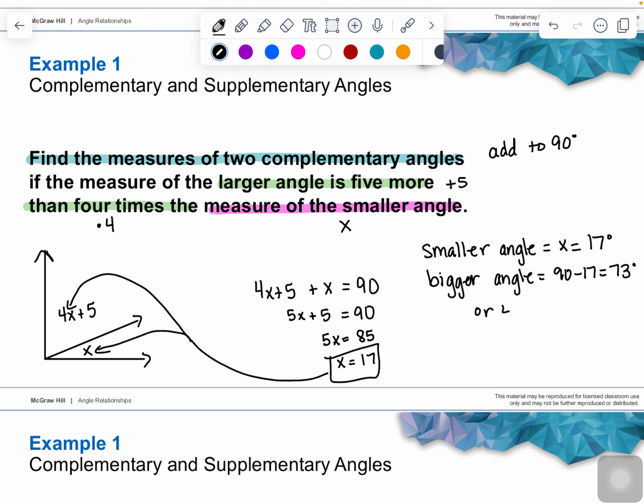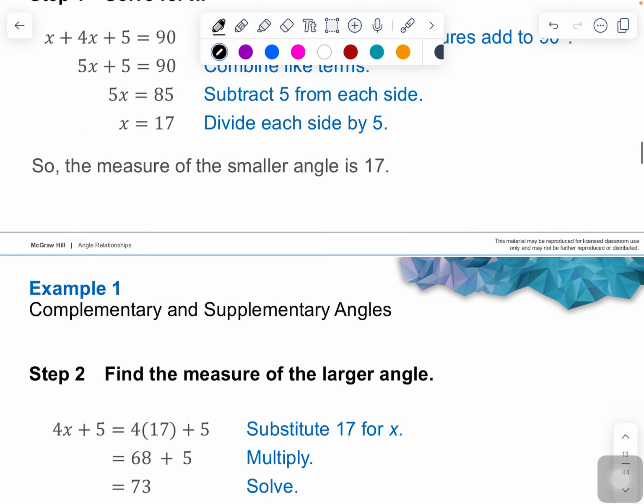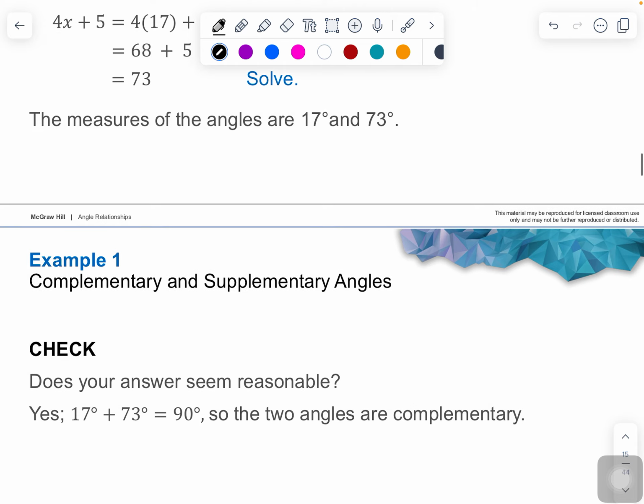Or you could do 4 times 17 plus 5, which would also give you 73 degrees. Either way is fine. Both are a good solution. Let's go down and make sure we solved it correctly. 17 and 73. Woohoo, go team.